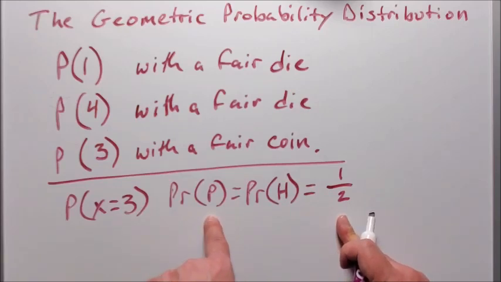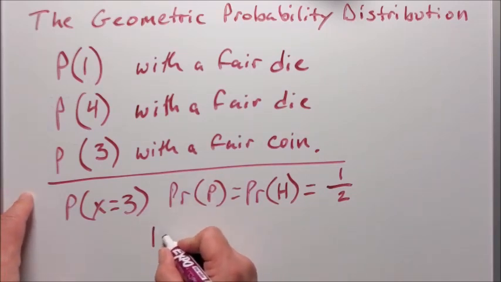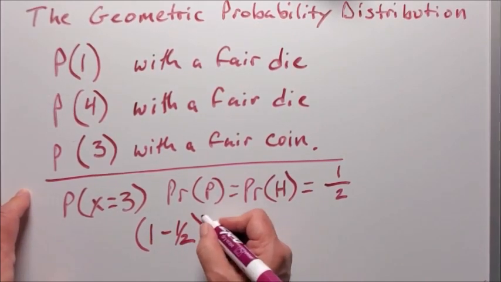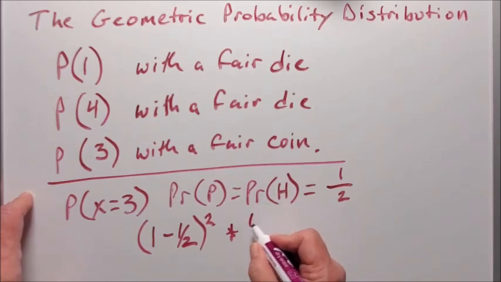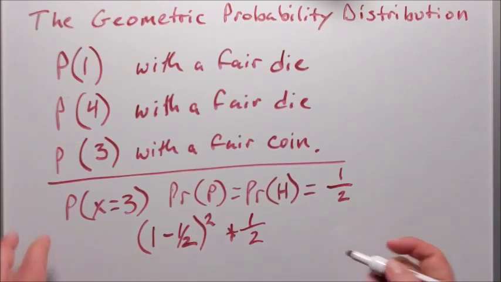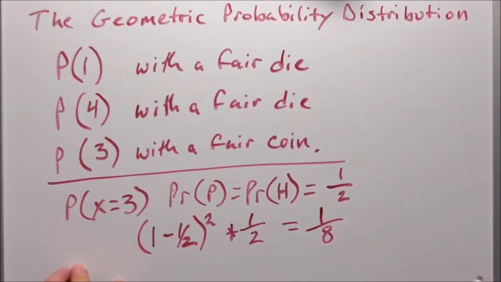So the probability p is 1/2. So what we have if we plug it into the formula is 1 minus 1/2 to the power of 3 minus 1 times 1/2. The probability of failure to the power of x minus 1 times the probability of success. And that's going to give us, unless I'm really mixed up, 1/8. Simple? I hope so.